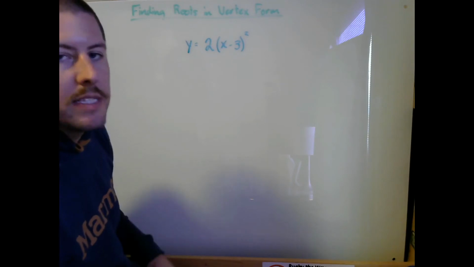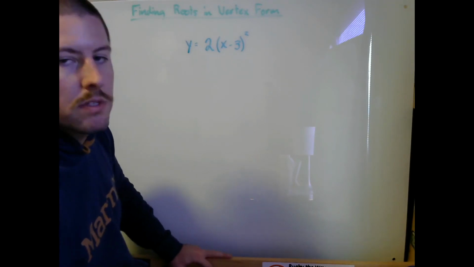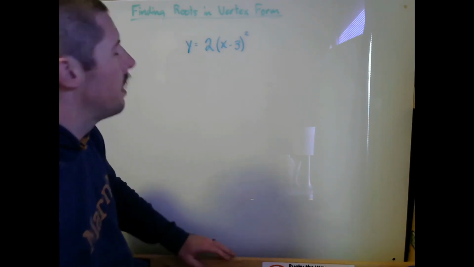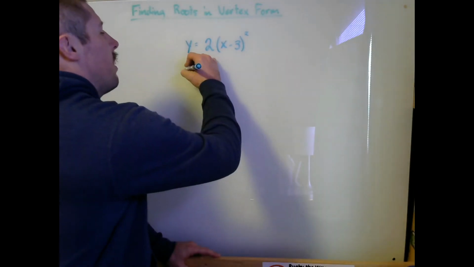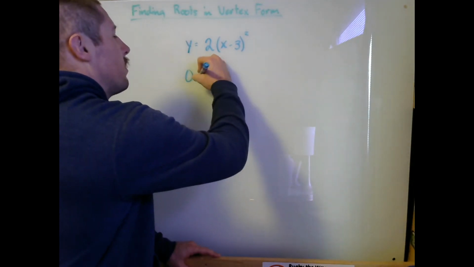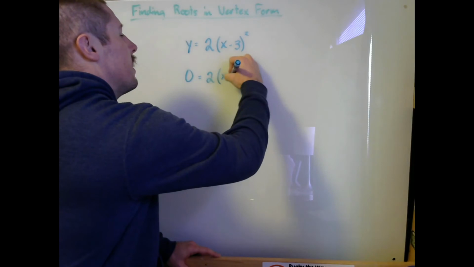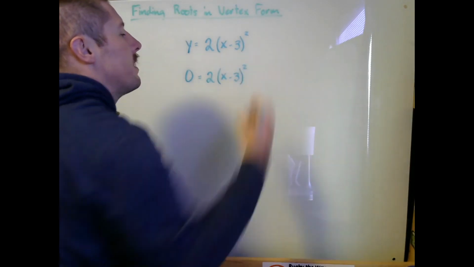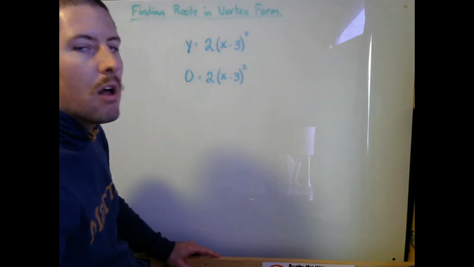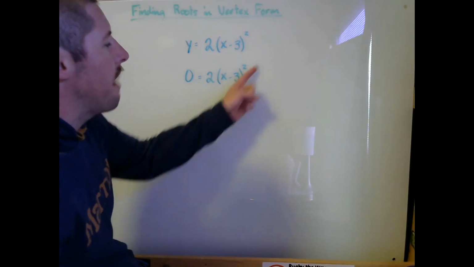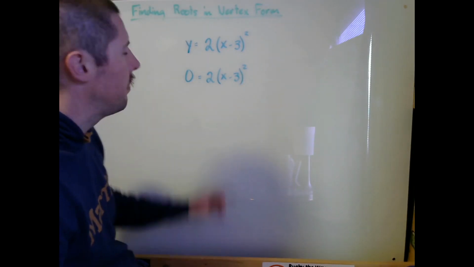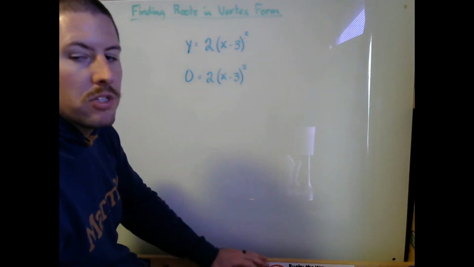If I'm going to identify where are the roots in this vertex form equation, we can do the same thing as we've been doing. X-intercepts occur when y is equal to 0. And since vertex form always has only one instance of x, we can immediately solve for x. Here I don't have an addition or subtraction step to undo, so I'm going to first undo my multiplication or division step.